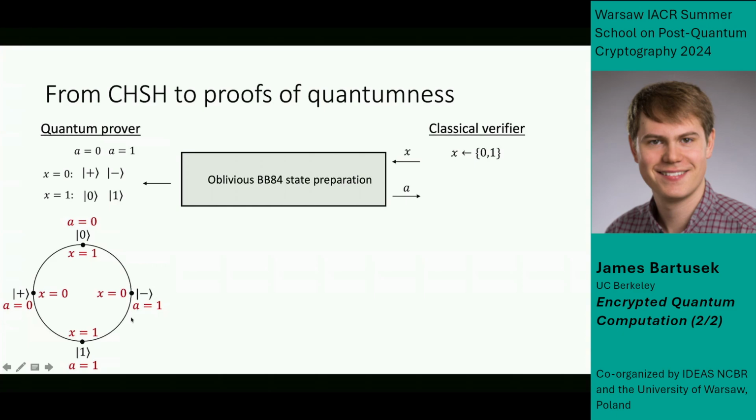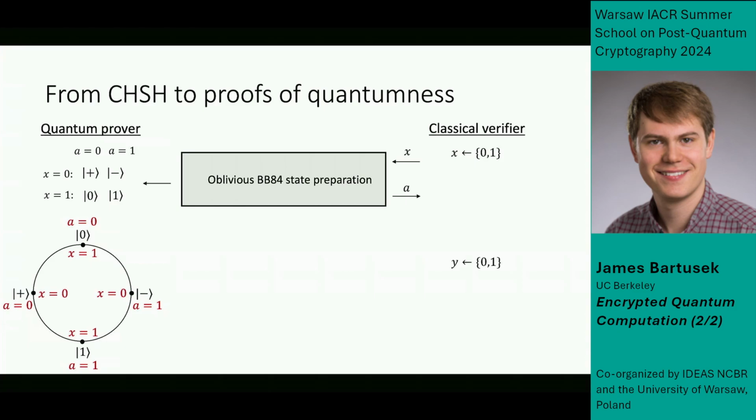If X equals 0, Bob received one of these Hadamard basis states, whereas if X equals 1, Bob had in his hands one of these standard basis states. So we can view X as being Alice's question, A as being Alice's answer, and the state of the quantum prover's system as being identical to the state of Bob's system in the CHSH game.